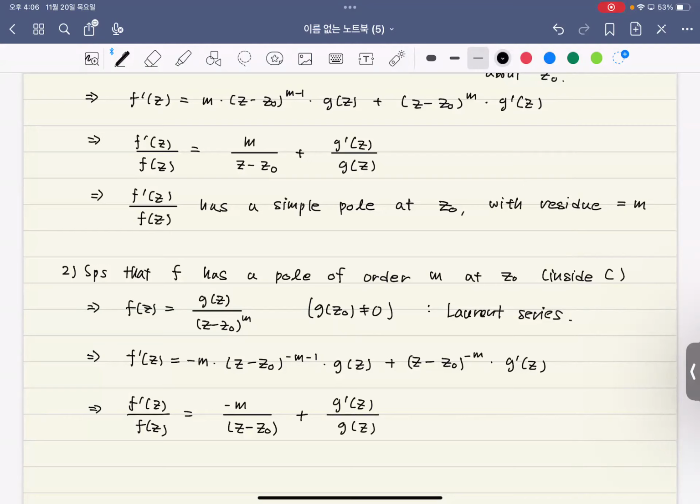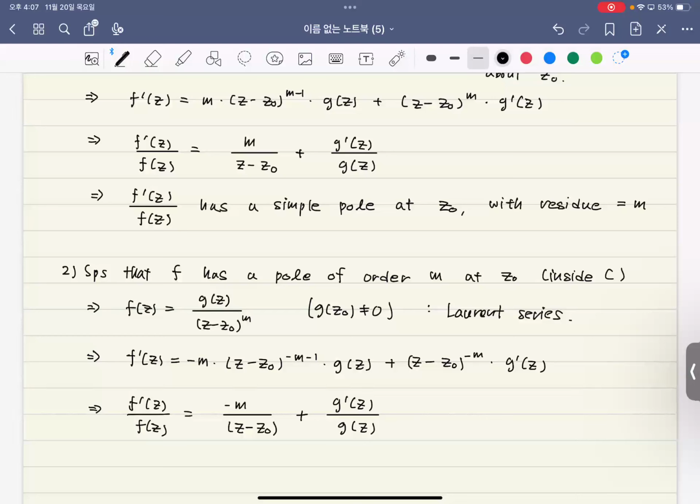Okay, the same trick. So choosing the radius of the circle small enough, this term goes to 0, and this term is analytic, and therefore the pole integration is affected by this.